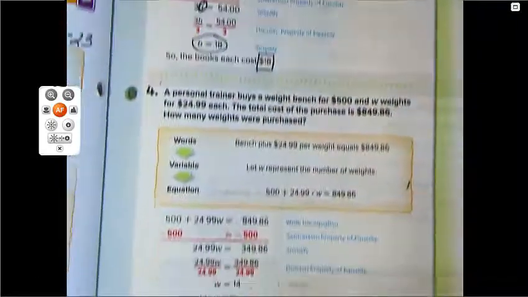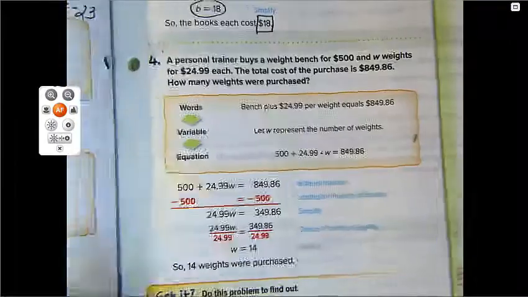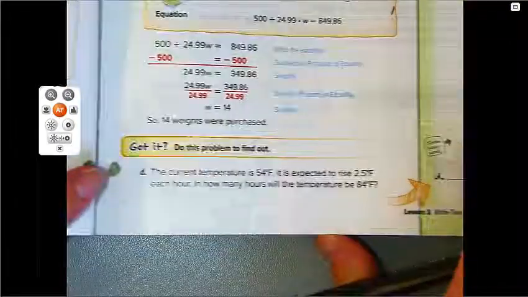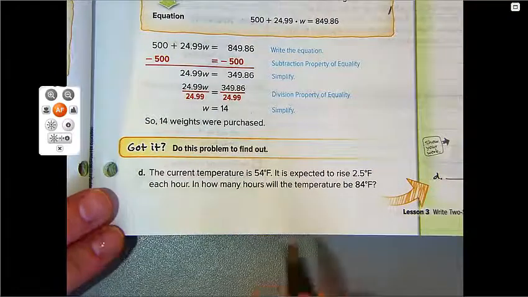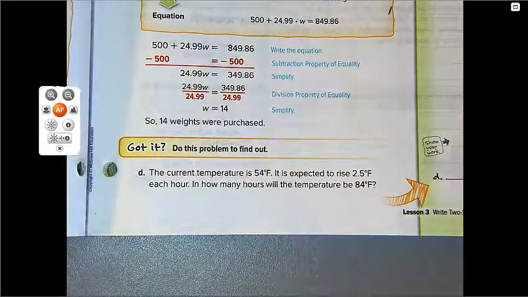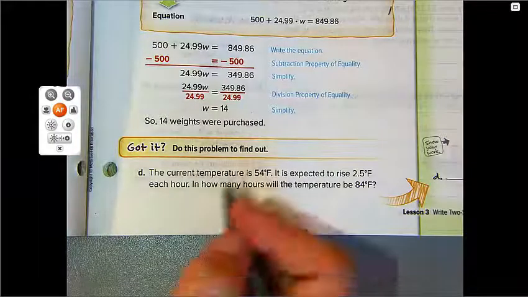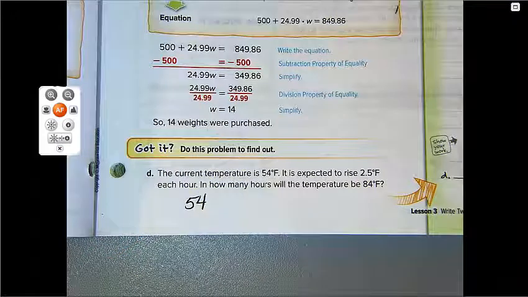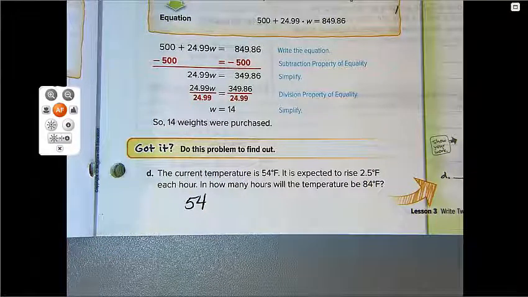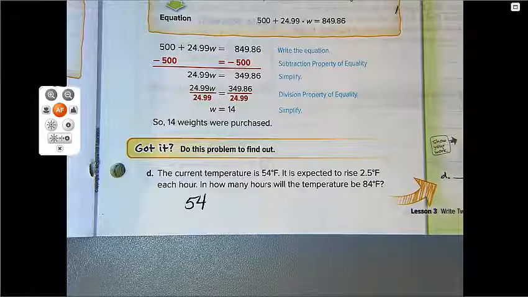Now let's go on down to D at the bottom of the page. It says the current temperature is 54 degrees. So right now it is 54 degrees outside. That's what it's starting off as. Okay? And it's expected to rise 2.5 degrees every hour.